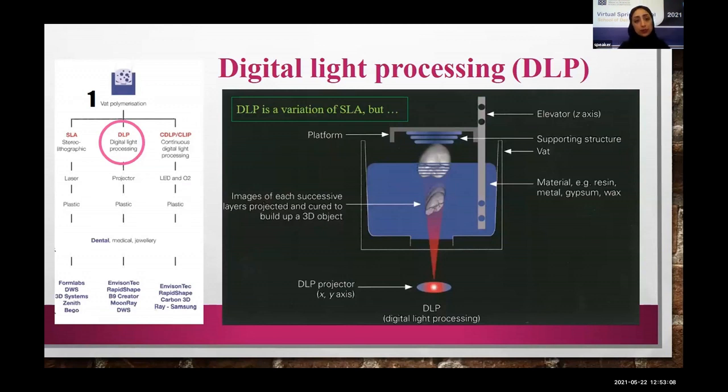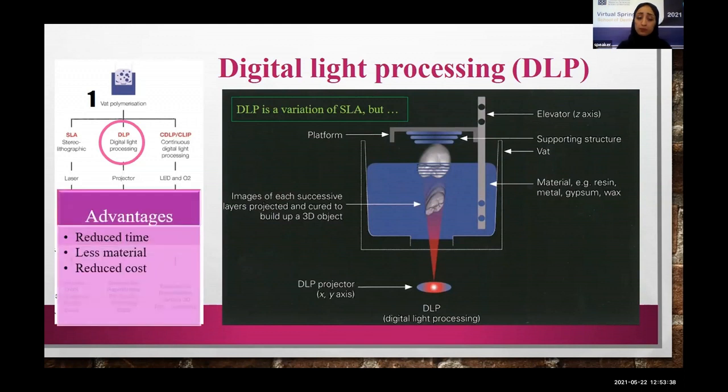Digital light processing, or DLP, is another kind of vat polymerization process. DLP is a variation of SLA. It also uses a liquid resin, but it uses a projector to expose and cure the liquid resin by projecting an image of each layer rather than using a laser and drawing each layer point by point.